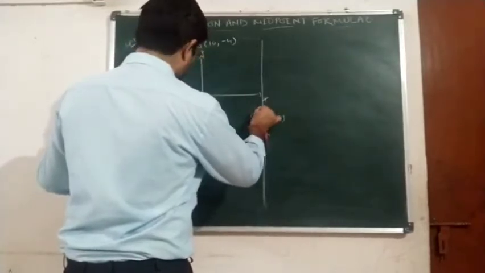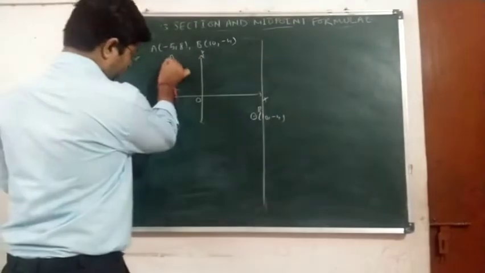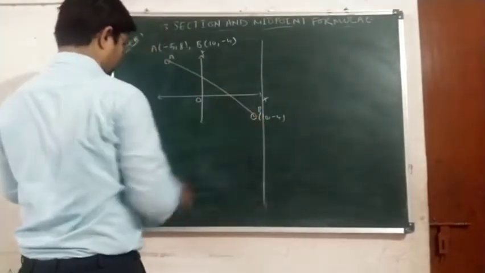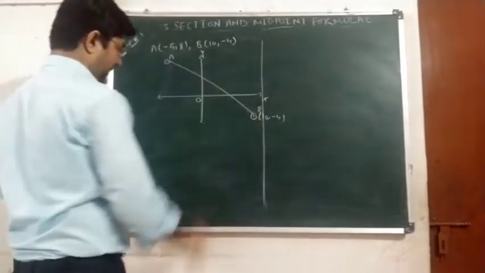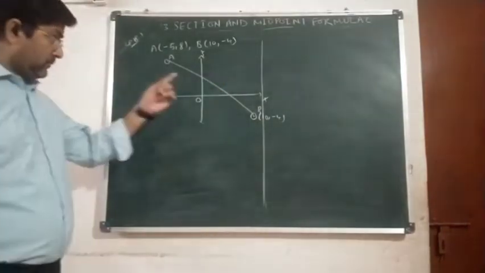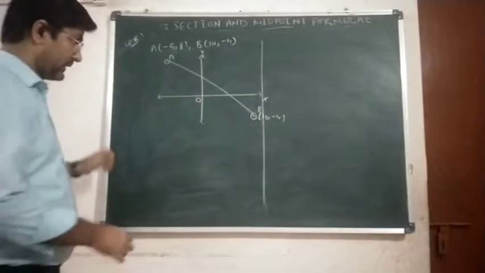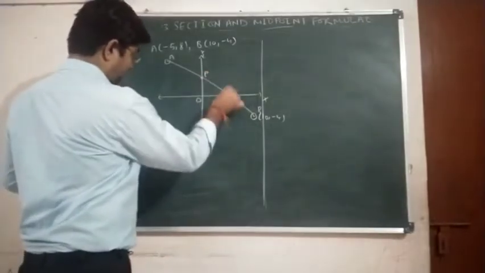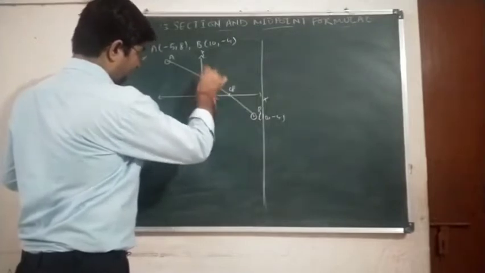Now let us join AB. Clear? So now we have two points of intersection with the coordinate axes. Suppose this point is P and this point is Q.